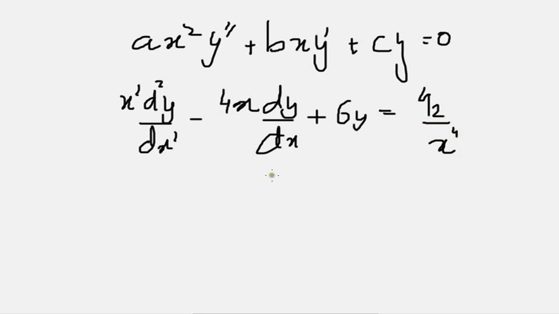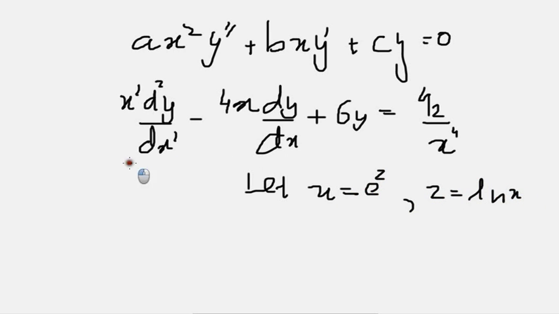Now here we will substitute, let x equals e to the power z and z equals ln x. So you can see here that we can substitute instead of this and this.